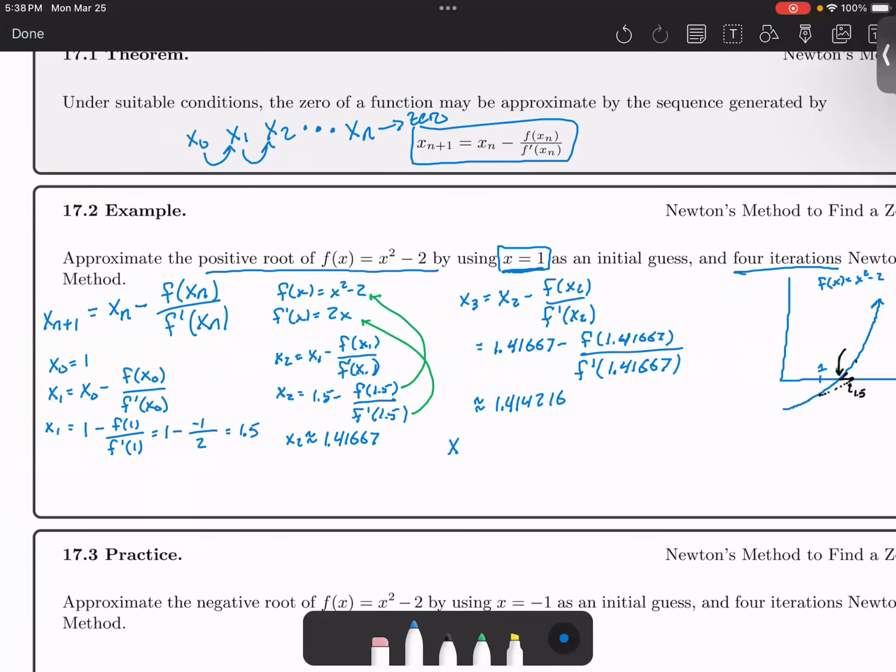We went from x0 to x1 to x2 to x3. So we've done it once, twice, 3 times. We'll do it one more time to get to 4 iterations. So x4 will be given by x3 minus f at x3 divided by f prime at x3.